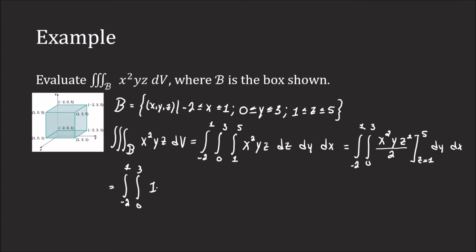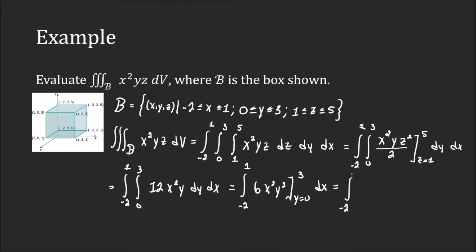So that is just simply 12 x squared y. So it'll be the integral from -2 to 1 of 6 times x squared times y squared, y equals 0 to 3. Evaluating this, we get 6 times 9. So we have the integral from -2 to 1 of 54 x squared dx.